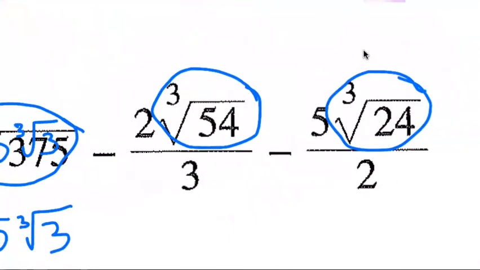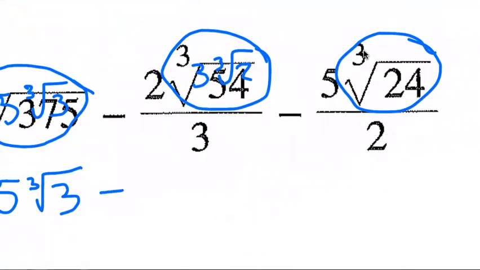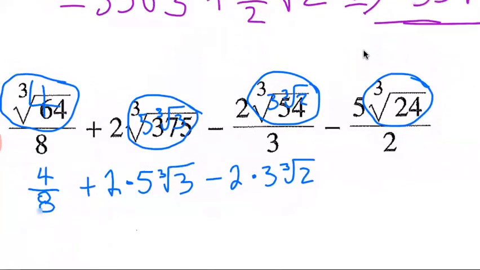So this is going to be minus 2 times 3 cube root 2. You can already see we have 2 different radicands, and we're not going to be able to combine these 2 terms together. Sometimes they don't simplify all down into one nice little radical, and sometimes they do. So you just have to make sure that you're working through it and paying close attention.